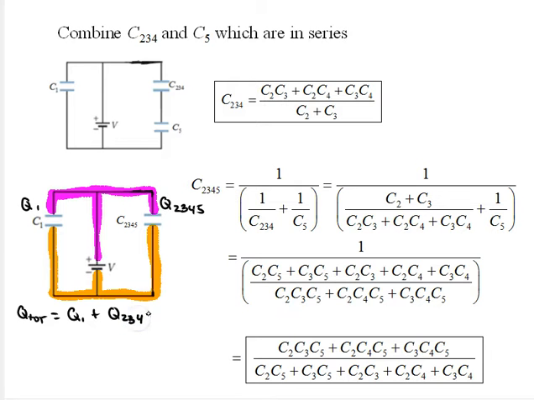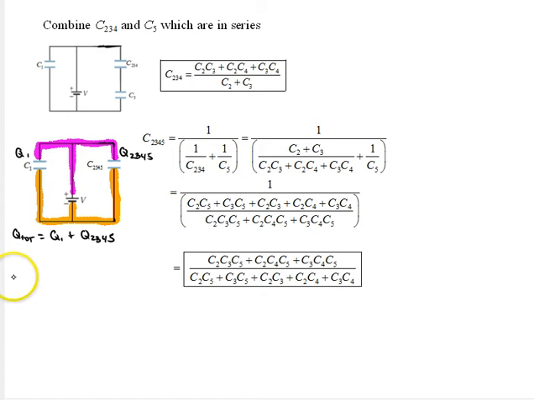So we can now use our equation, Q is equal to CV. Q total will equal C1 V plus C2345 times V.